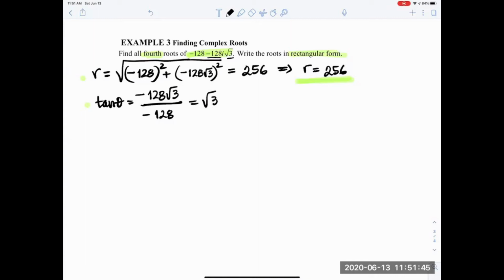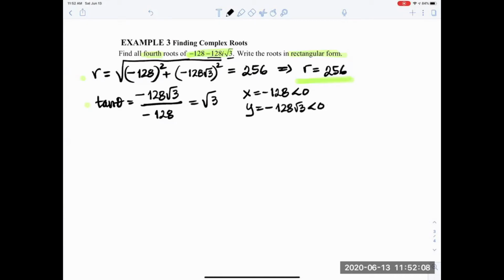Now, what's important here, right? Both of these components, a and b, or x and y. So you can say x, which is -128, is less than 0. And y, which was -128 root 3, this is less than 0.